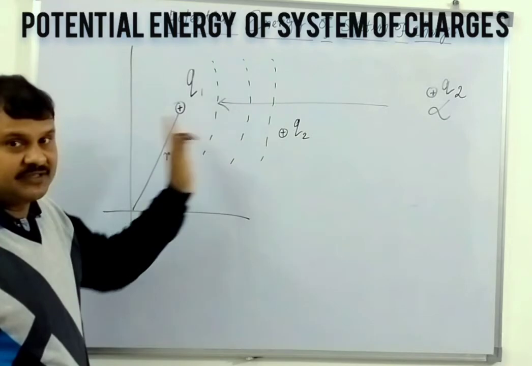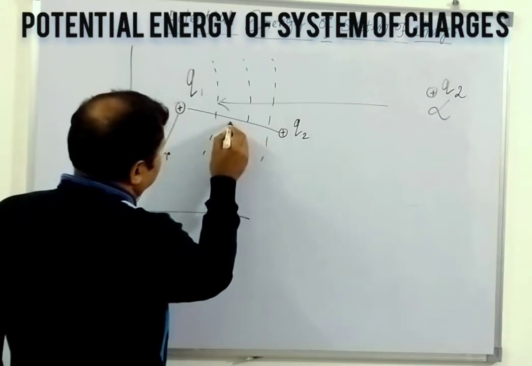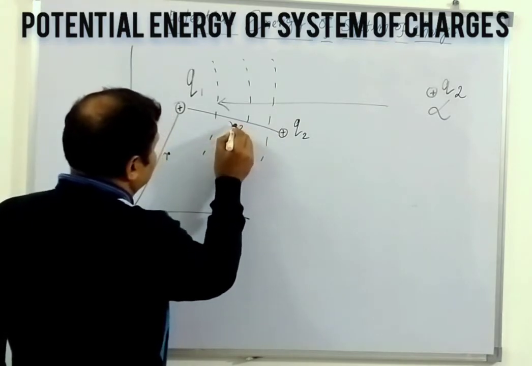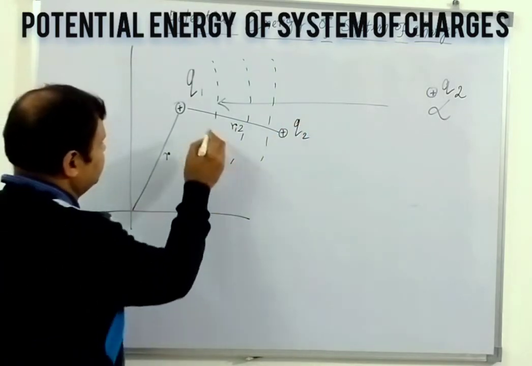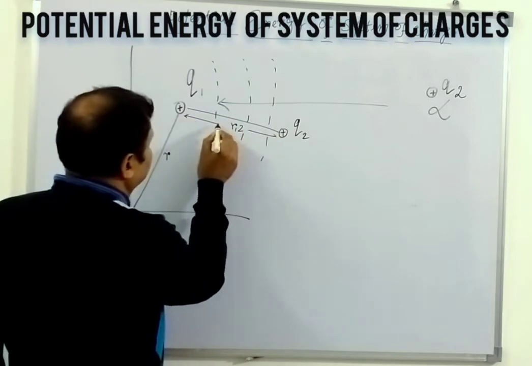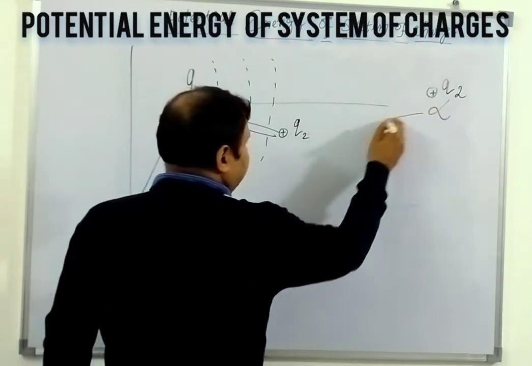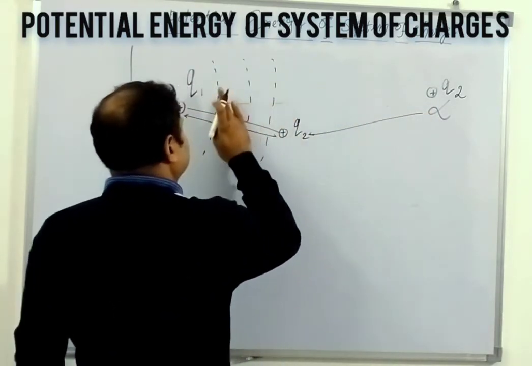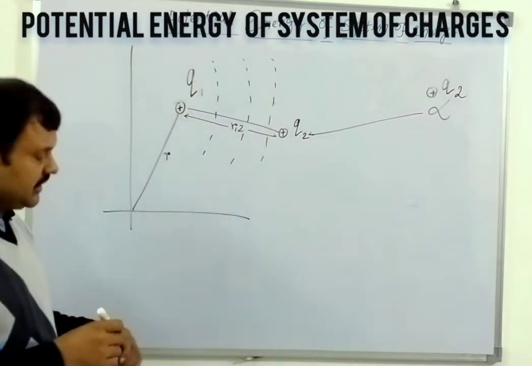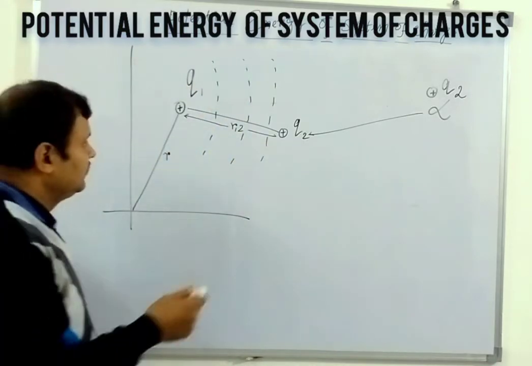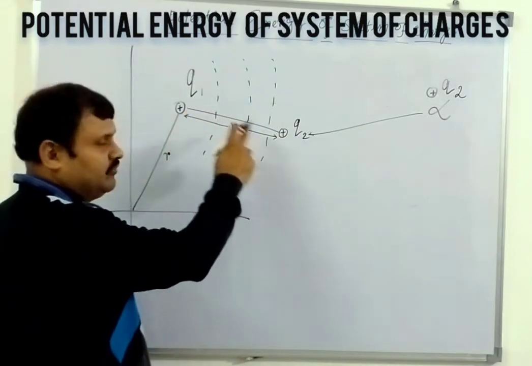These are equipotential surfaces, as we discussed earlier. At a certain distance, r12, there is some potential, so q2 will feel a repulsive force when brought from infinity to this point. That means we need to perform some external work against the repulsive force due to the potential created by q1 at the distance r12.